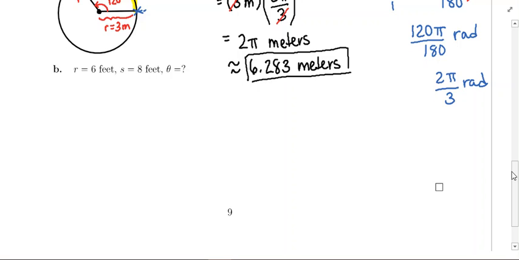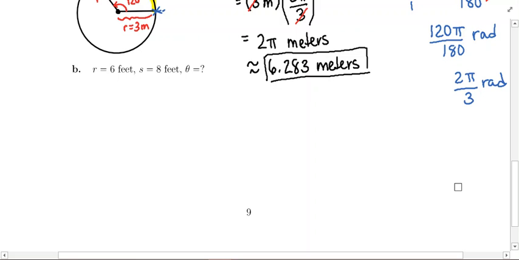Again, if you want to, you can do a visual and draw a circle here. It's a little trickier to draw the circle here because we don't have the angle. So you're just going to have to put an angle in, not knowing what it is.